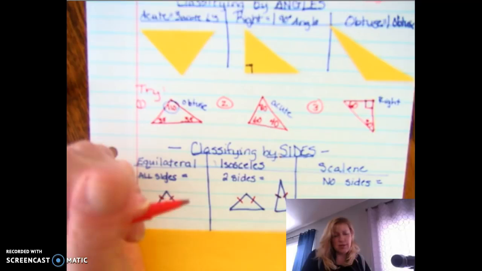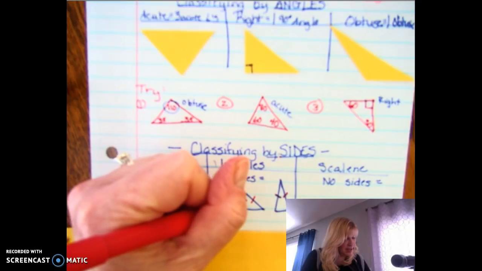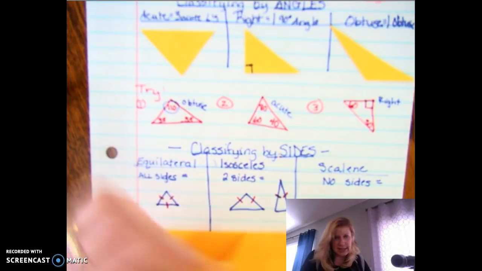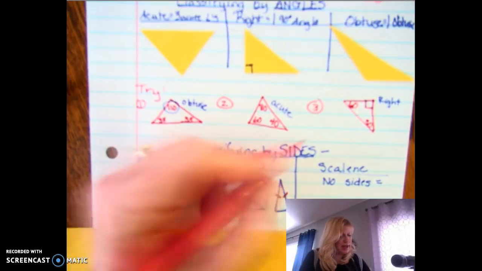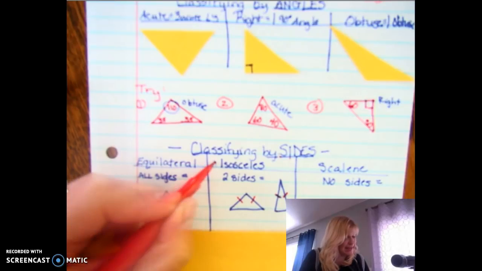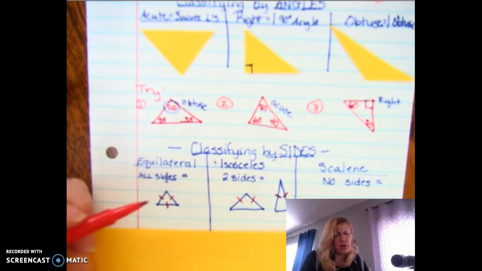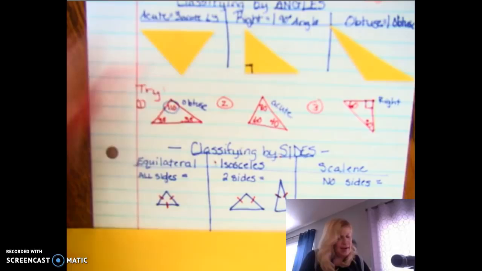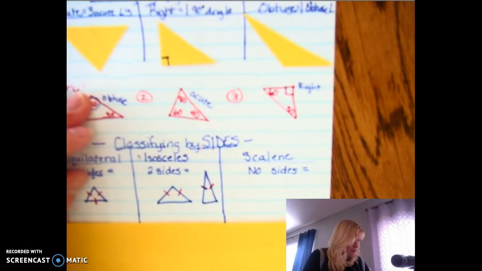If they're asking you to do it by side, or if this looks like it could be a 90-degree angle, but it's not marked there, if it asks you to classify by sides, you need to put isosceles. It will be wrong, even if you can prove with your protractor something about the angles.